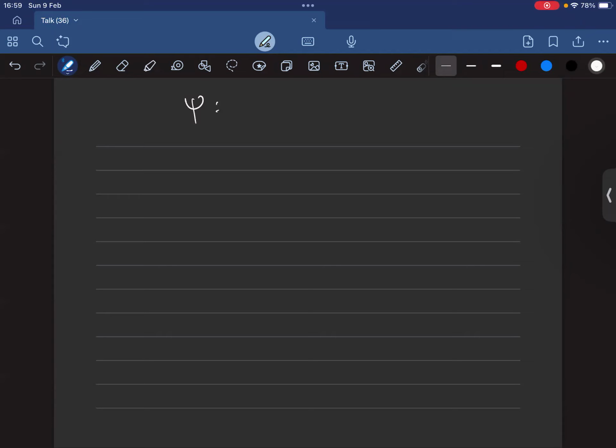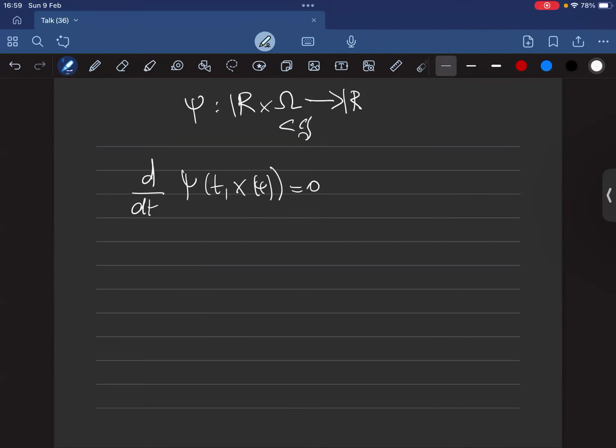We say that some psi from R times omega in G is a first integral if the total time derivative of psi of t, x of t is 0 for all solutions x of t of the Euler-Arnold vector field, which is x dot equals f of x. So if you evaluate on any solution, the derivative in time is 0.